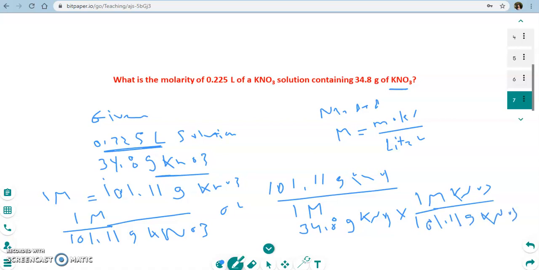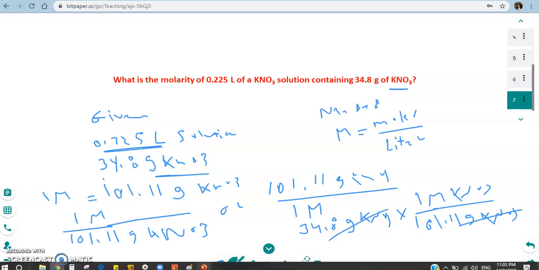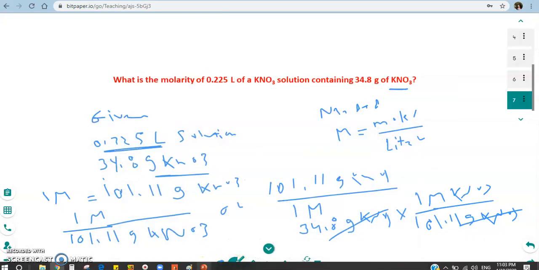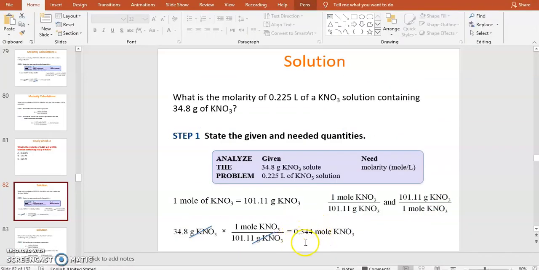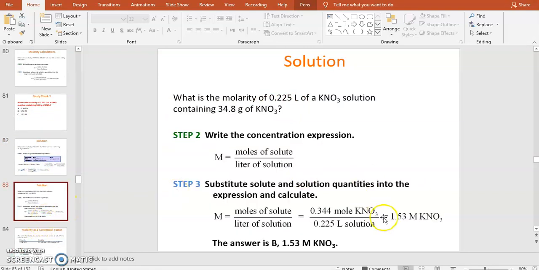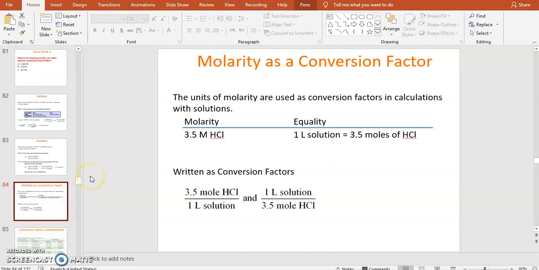And then grams KNO3 cancels grams KNO3, and this is what you will get, 0.344 moles. I haven't finished yet. We still need to calculate this or turn them to liters. So we'll divide them, and then we have 1.53 mole solution of the solution KNO3.